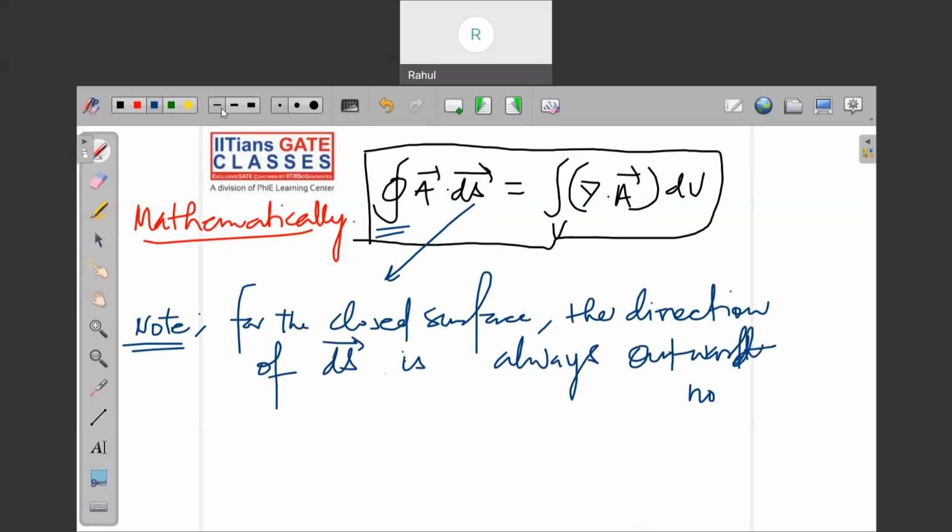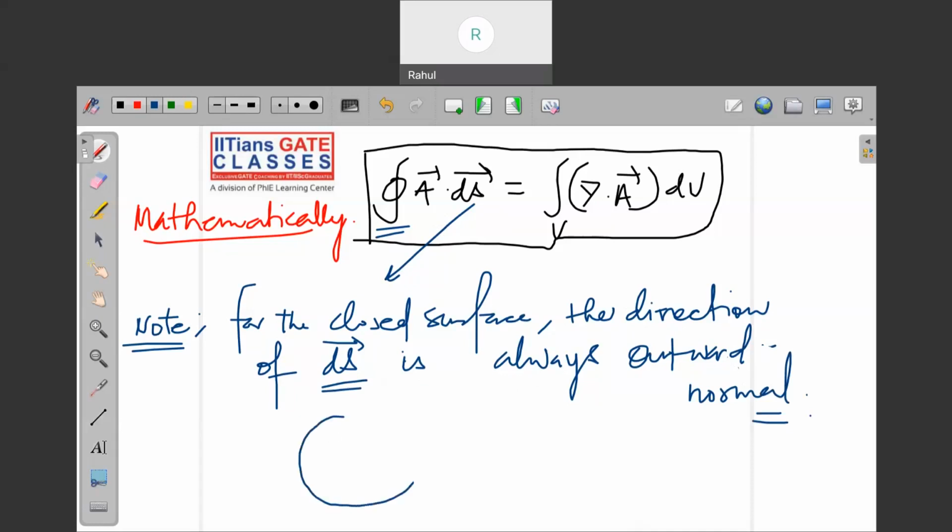Outward normal. Keep this in mind. So for the closed surface, the direction of ds is always the outward normal.